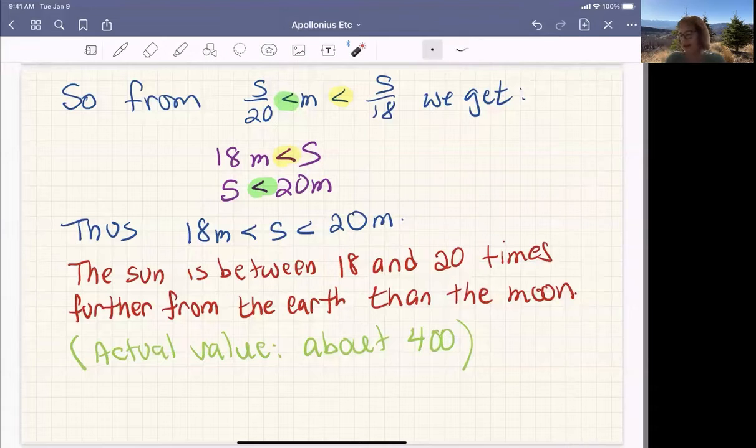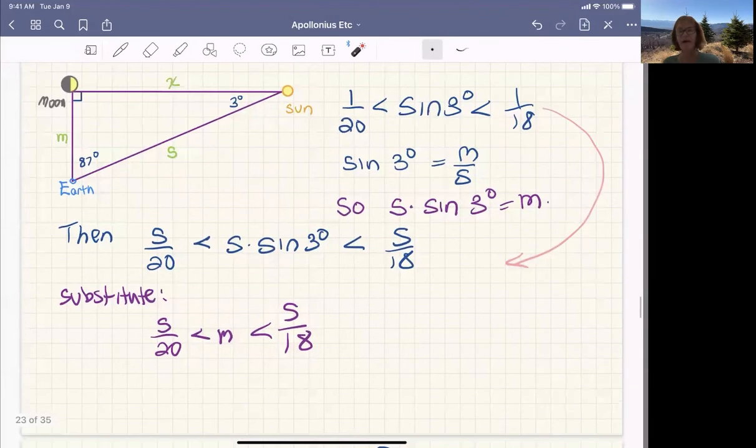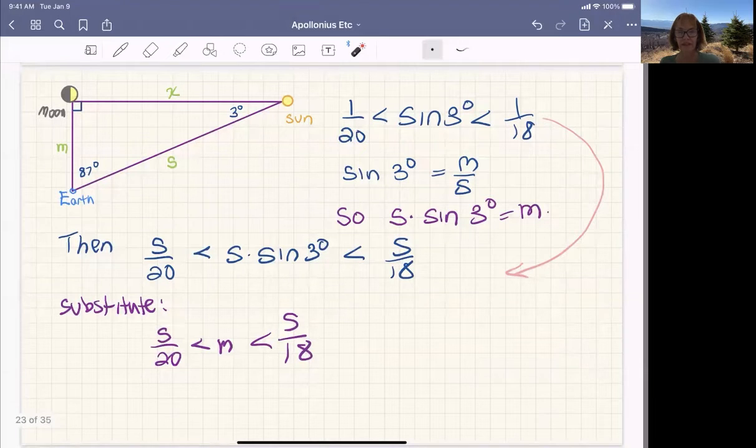Now, the actual value is, the difference in distance isn't a factor of 20, it's a factor of 400. So where did Aristarchus go wrong? Well, his method was actually very good.